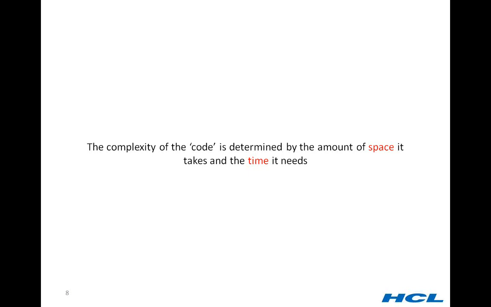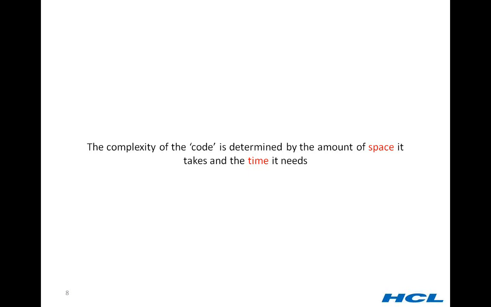There are two dimensions to it. One is the space it takes, like the amount of data it's going to consume, or the amount of instructions you would require to solve a particular problem, and the other is the time it needs to run. This is where people classify it, right? Some programs converge pretty fast in time.